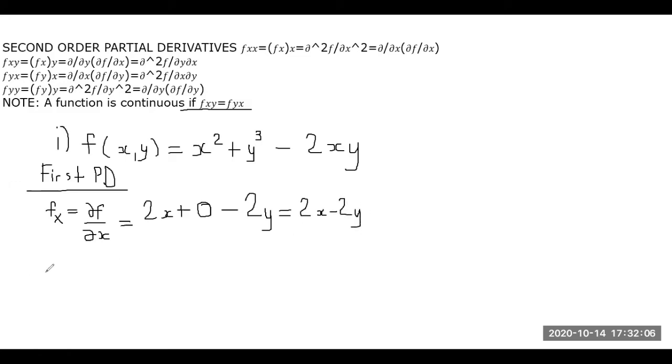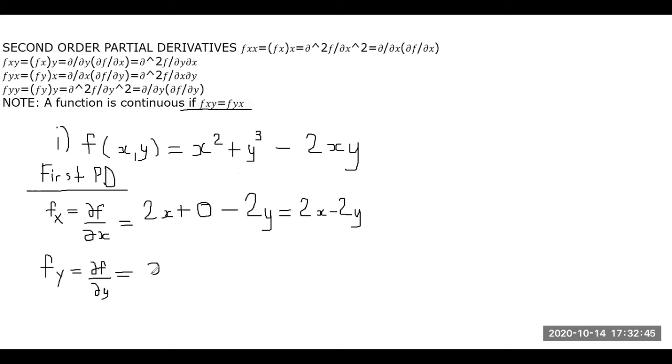Now let's say we wanted to find fy, which is the first partial derivative with respect to y. So fy is equal to ∂f/∂y, where we differentiate the function with respect to y. x squared is now a constant, because we're keeping x constant and differentiating with respect to y.